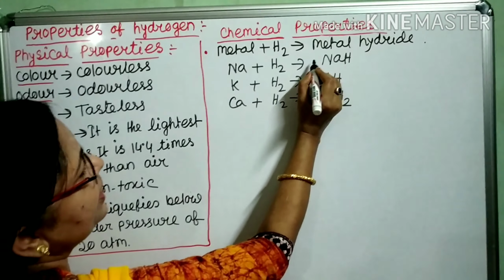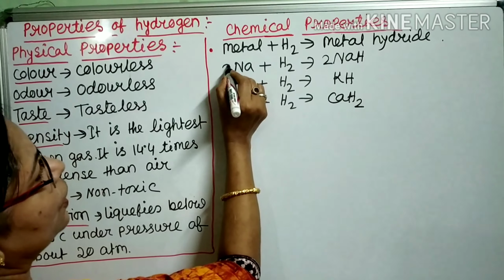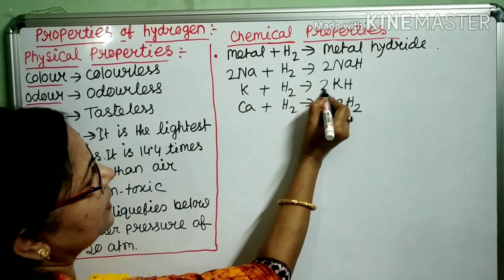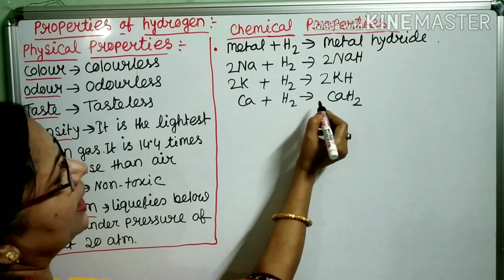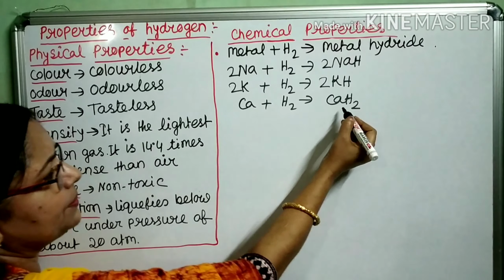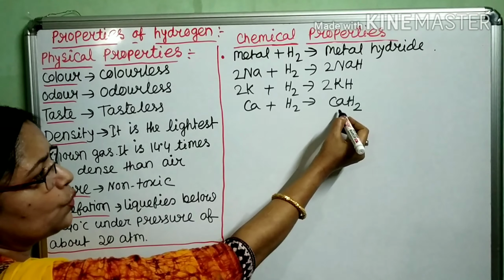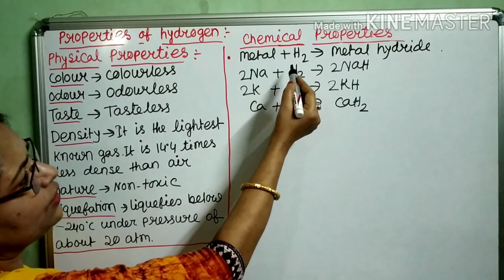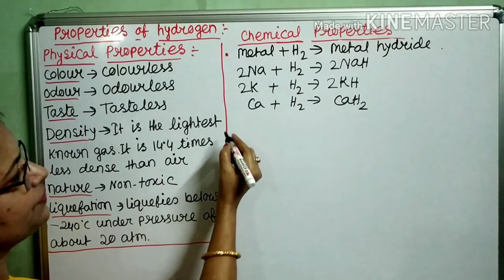See the valence equation, here 2, also 2. Now KH, and in the case of Ca plus H2, as the valency of calcium is 2, we get CaH2. So when a metal reacts with hydrogen, a metal hydride is formed.